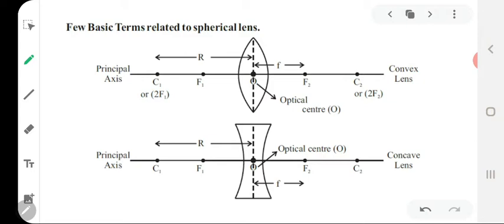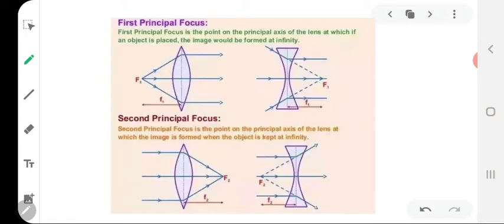Now, we shall define a very important term, that is the principal focus. Lens has two principal foci. First principal focus. It is a point on the principal axis of the lens at which the rays starting from or directed to it become parallel to the principal axis after refraction.